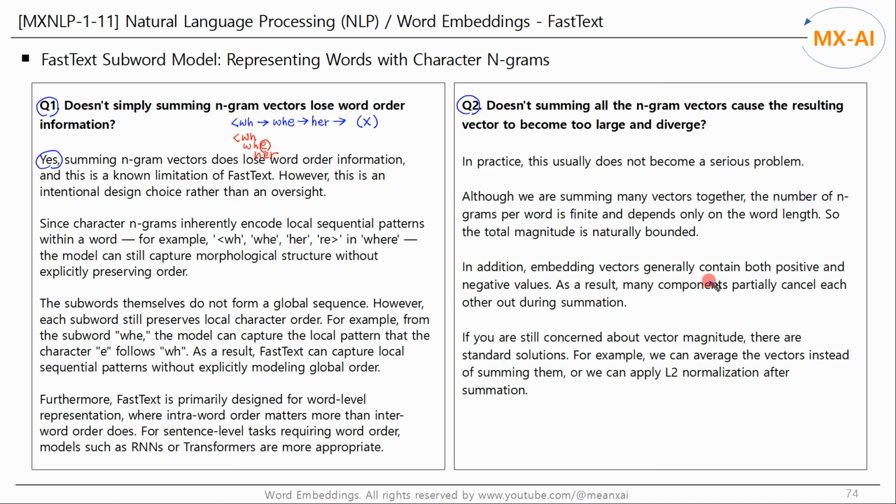In addition, embedding vectors generally contain both positive and negative values. As a result, many components partially cancel each other out during summation. If you are still concerned about vector magnitude, there are standard solutions. For example, we can average the vectors instead of summing them, or we can apply L2 normalization after summation.